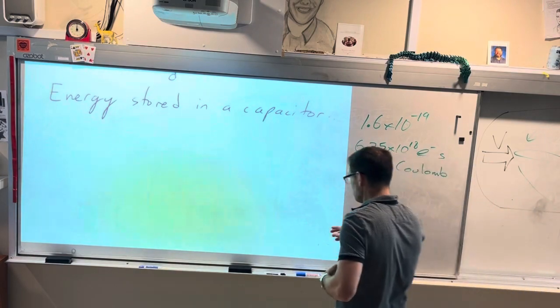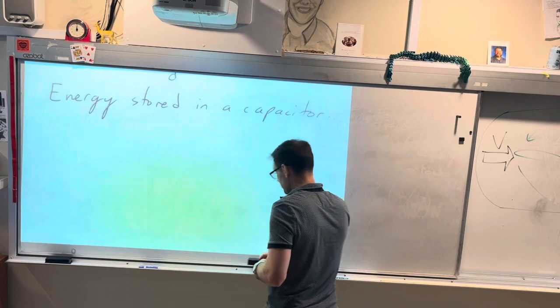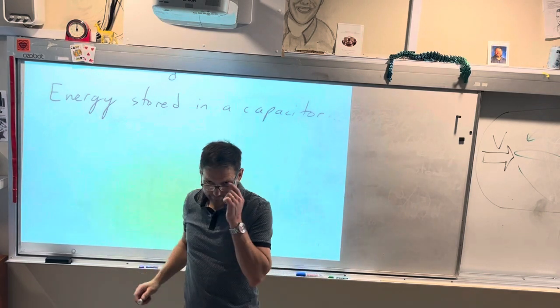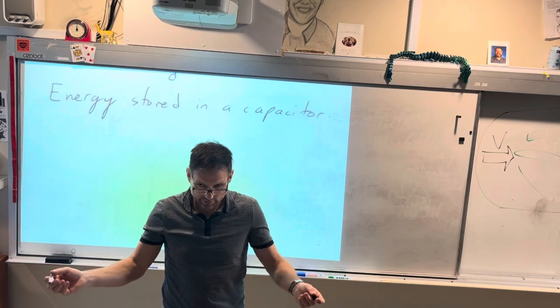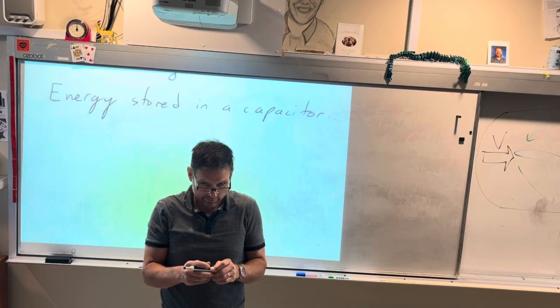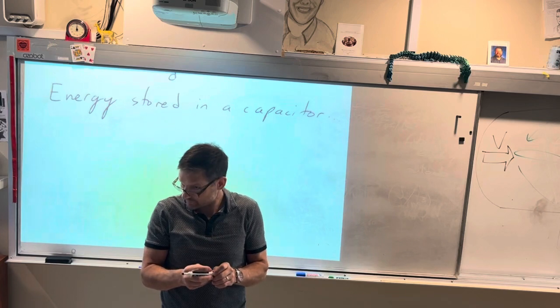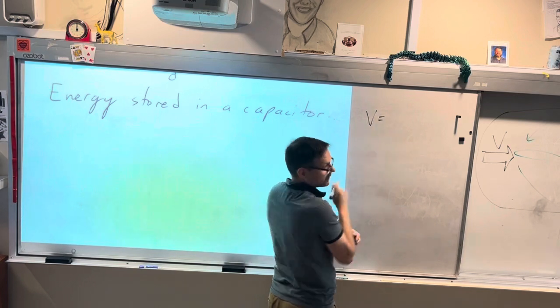Let's just have a quick little thing with units. What electrical unit has energy in it? So joules. What unit has a joule in it? Voltage. Thank you. So a volt is what?